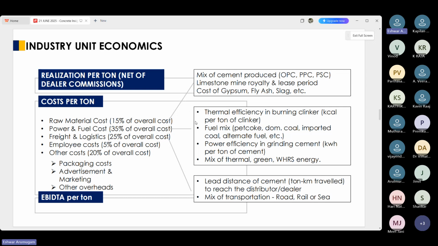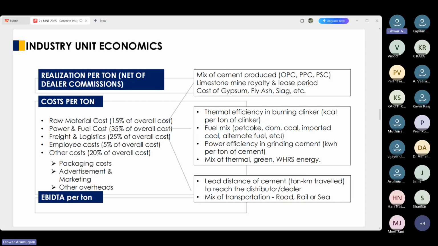Now, if we look at power and fuel cost, it is also dependent on factors such as thermal efficiency in burning clinker. So, how many kilocalories are you consuming to efficiently burn a ton of clinker? The fuel mix: the pet coke you're using, the domestic and imported coal you're using, the alternate fuel you're using. So, this is very dynamic on a quarterly basis.